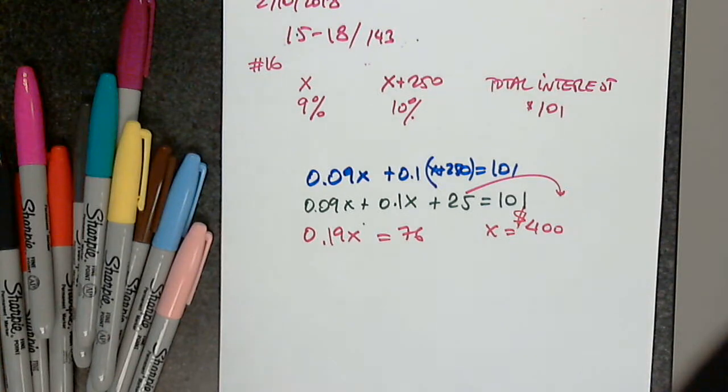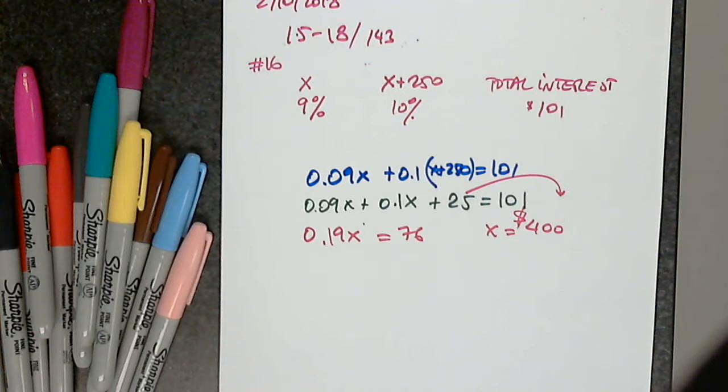So now I go back and check. Let's put it in the calculator. I want to show you how we do this. I know you know. So here it is. I have 0.09 multiplied by 400 plus 0.1 times 650. Obviously, 400 plus 250 is 650. I don't have to perform that with a calculator.